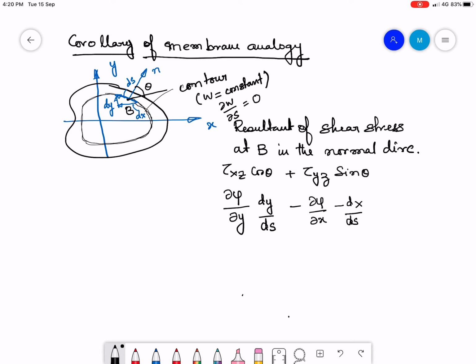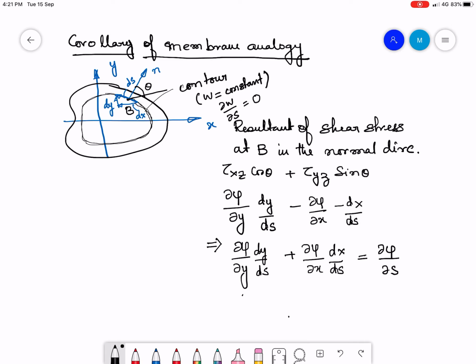Okay. So, the two minus signs cancel out and make it a positive sign. So, this can be written as del phi by del y into dy by ds plus del phi by del x into dx by ds, and that can be written as del phi by del s.